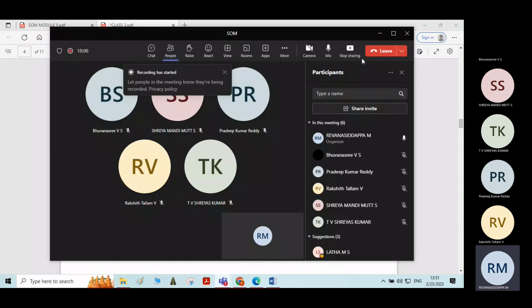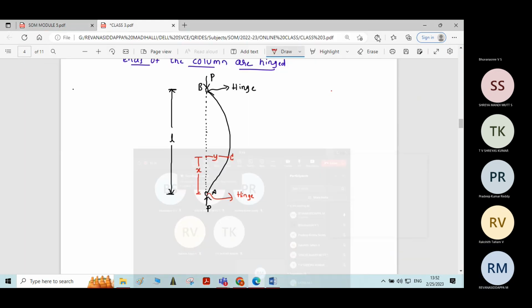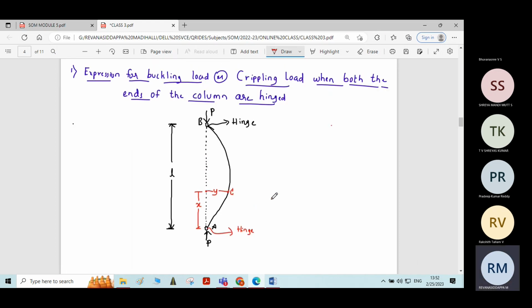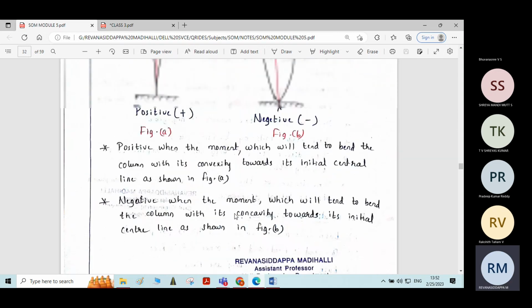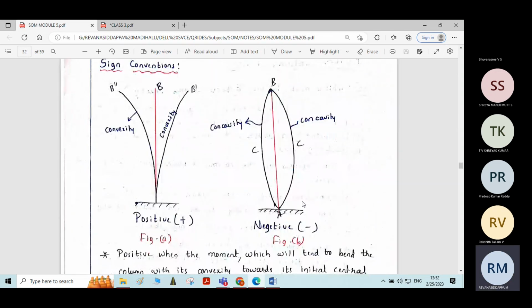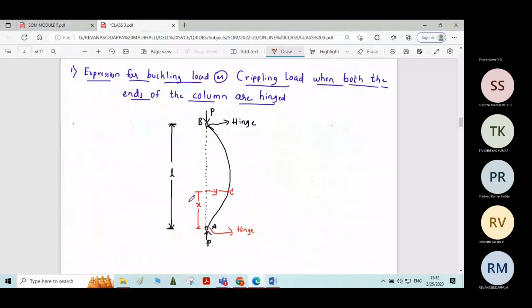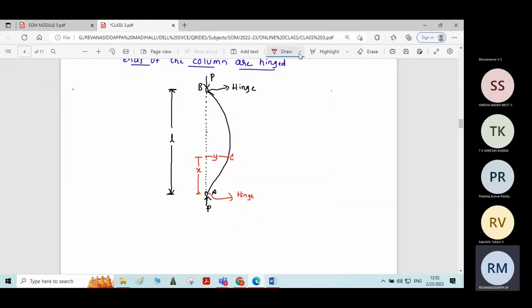If it is concavity towards the central line of the column, is the sign plus or minus? Anyone can answer? Just look here, sign convention. Concavity means the sign is negative.